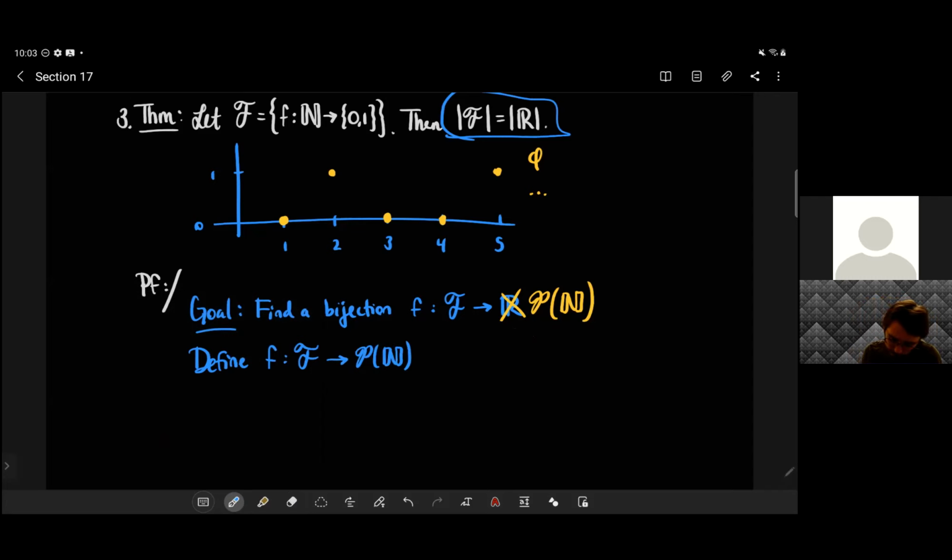And what that means is if I'm given some phi, which belongs to this set curly F, I want it to spit out some subset of the natural numbers. So what I'm going to say is f of phi has to equal some subset of the naturals. Let's say all n in the natural numbers such that something.